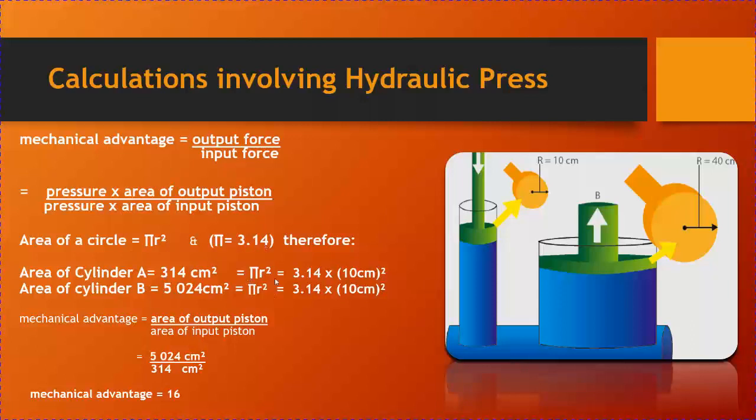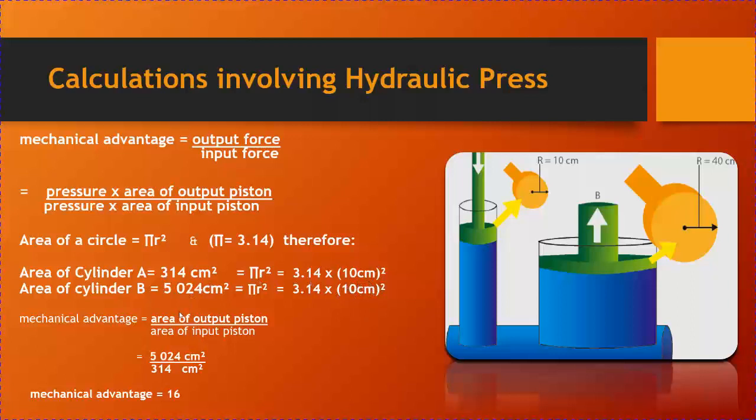So pi r squared, it's 3.14 times 10 centimeters squared. Not 10 squared centimeters, 10 centimeters squared. And the area of cylinder B is pi r squared, which means it's 3.14 times the radius of 40 centimeters squared.